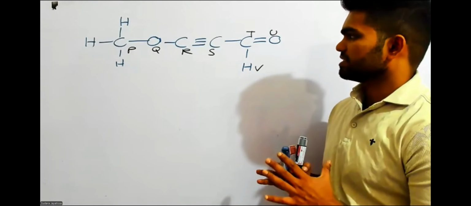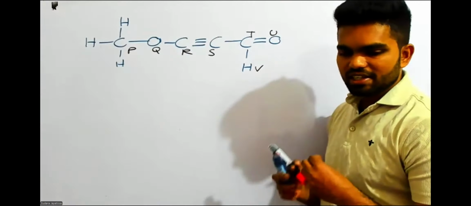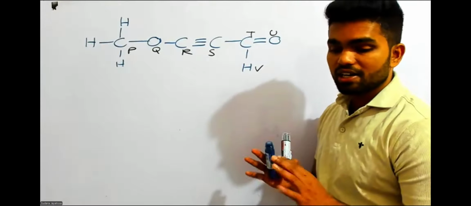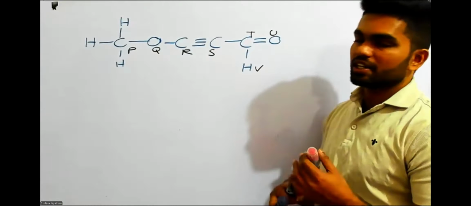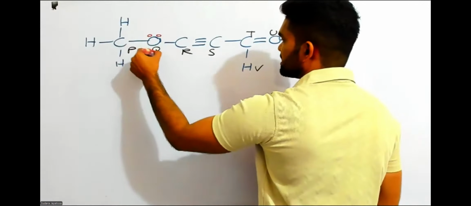This is not the Lewis structure. This is just a skeleton that shows bonds, so lone pairs are not represented. The very first thing you can do is complete this structure by adding lone pairs.